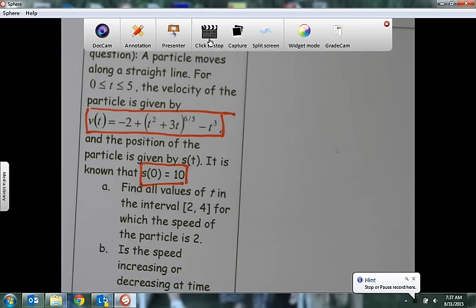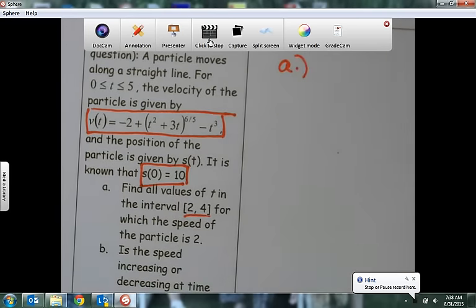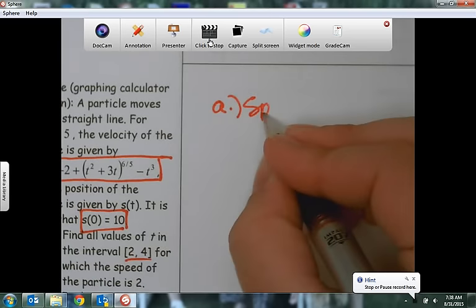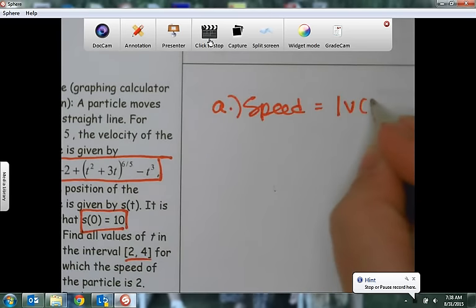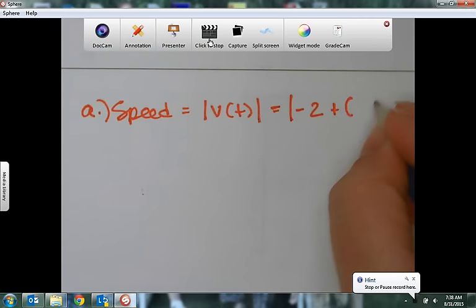So it says find all values of t in the interval from 2 to 4 for which the speed is 2. Okay, so speed, if you remember, is the absolute value of velocity. So we're going to say that it's the absolute value of this entire function. Don't break it apart by pieces.